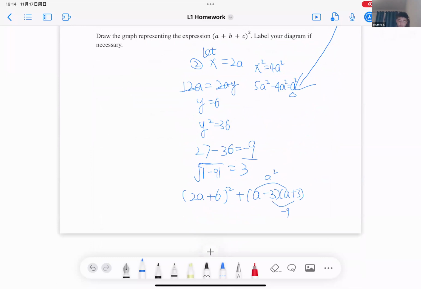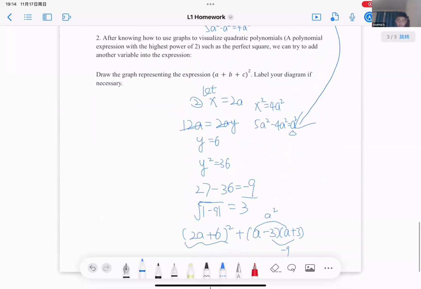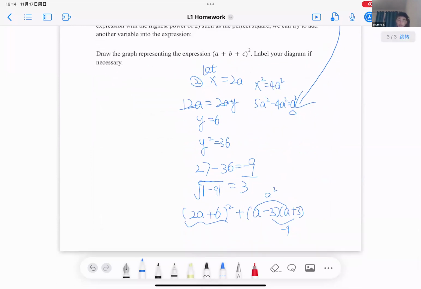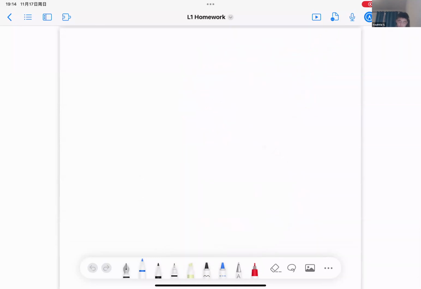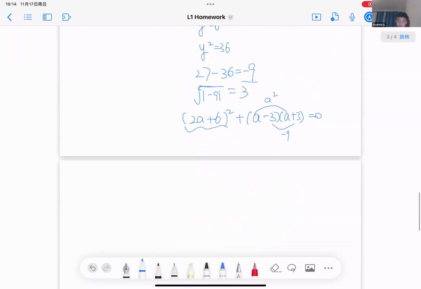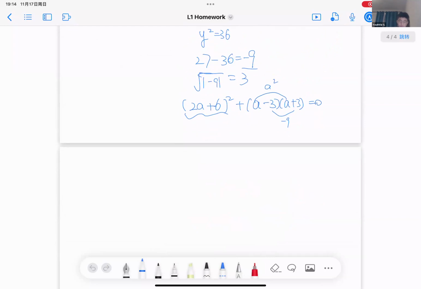And this is basically 4a squared plus 24a plus 27 plus 36. So we now get this equals 0. Let me just add a new page in there. So what do you notice in this equation? Well, in 2a plus 6, we can factor out a plus 3, and here it also has a plus 3.